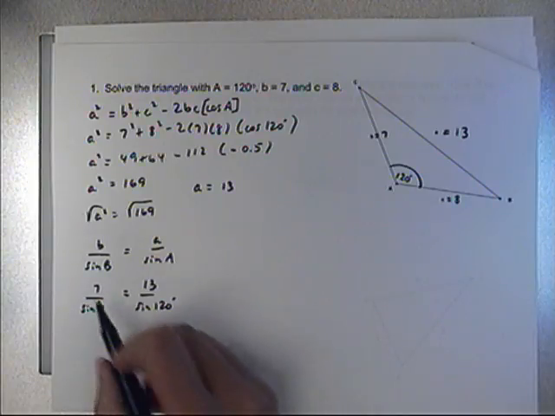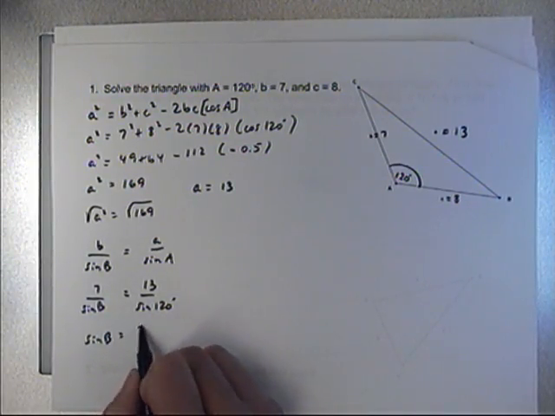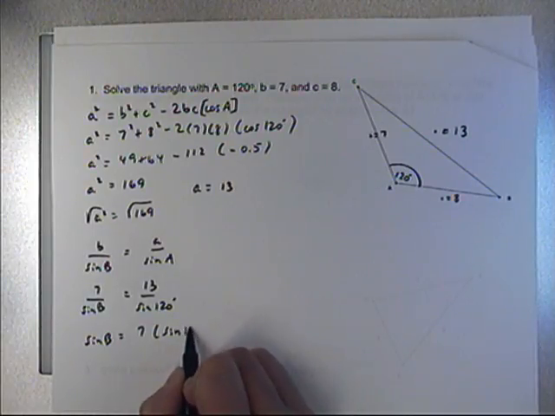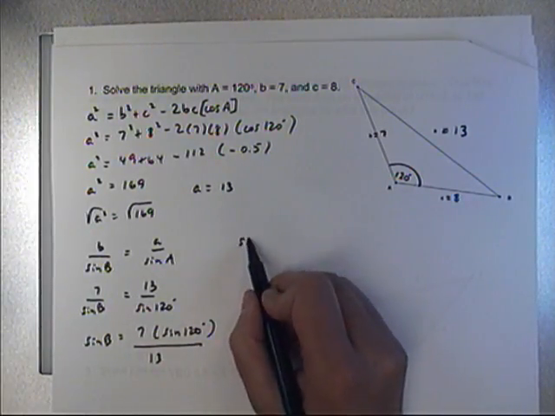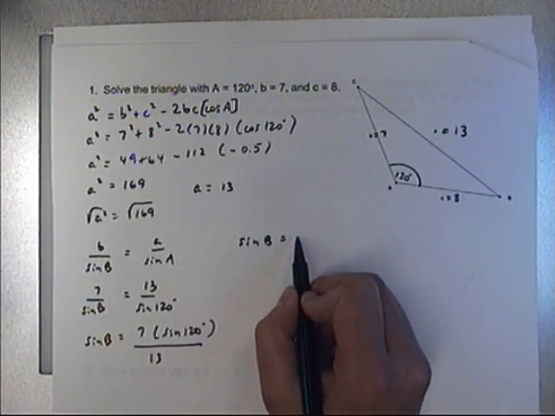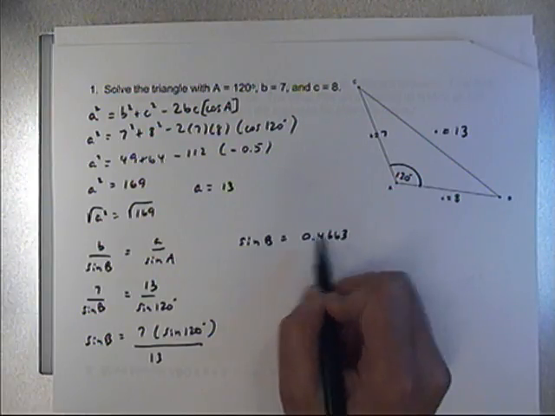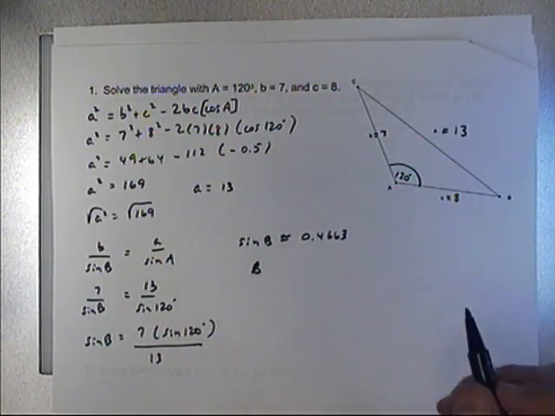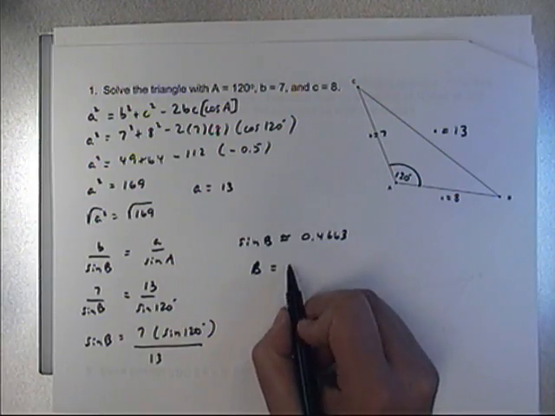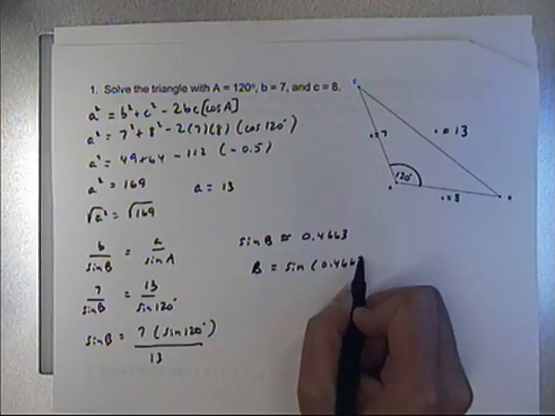If you cross multiply, the sine of B equals 7 times the sine of 120 degrees divided by 13. So that means the sine of B equals 0.4663 approximately. So corner B will equal the sine inverse of 0.4663.